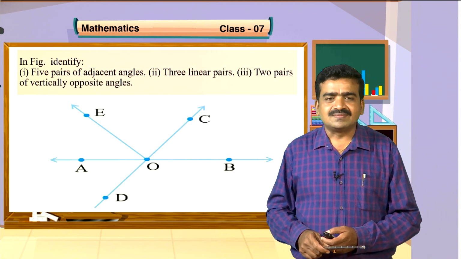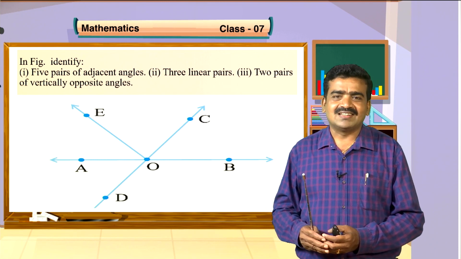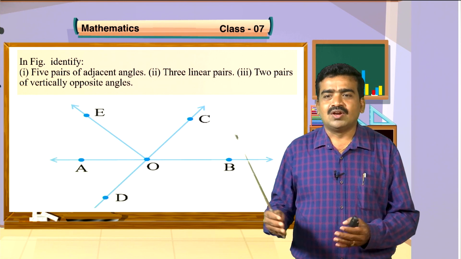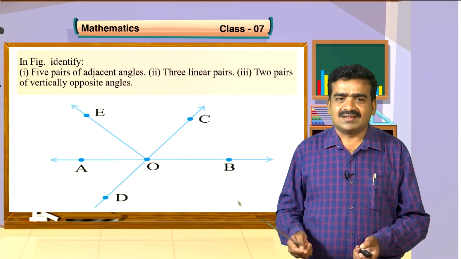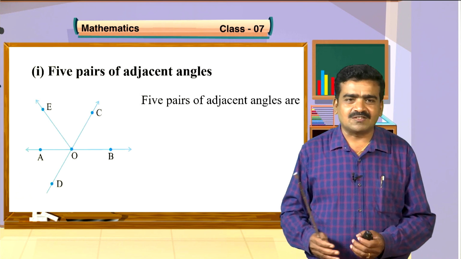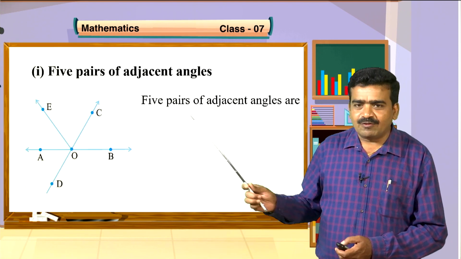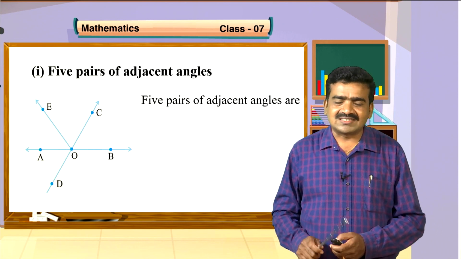In the figure, identify 5 pairs of adjacent angles, 3 pairs of linear pairs and 2 pairs of vertically opposite angles. Let us find the answer for the first one. Here, 5 pairs of adjacent angles. Before answering this question, you need to recall the meaning of adjacent angles.